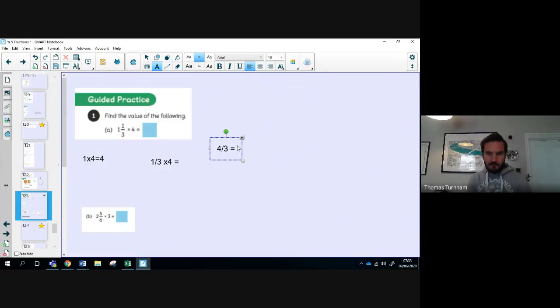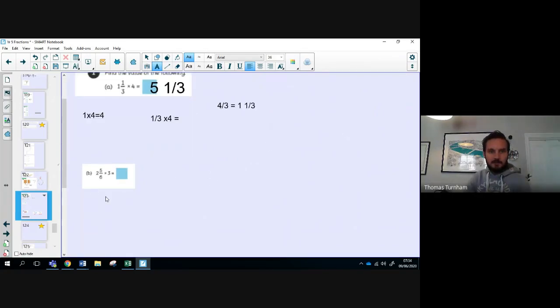I know that 4/3 is the same as 1 and 1/3. And when I add my 1 from here to my 4, that's 5, and then I've got my third. So my answer to this is 5 and 1/3.